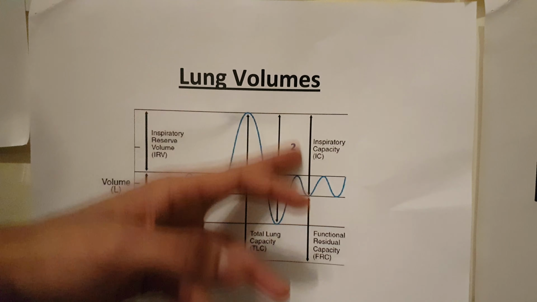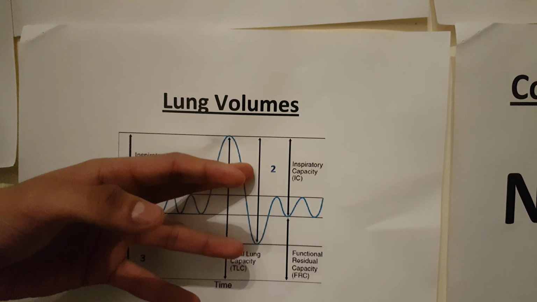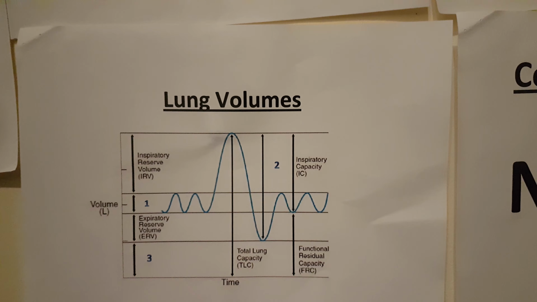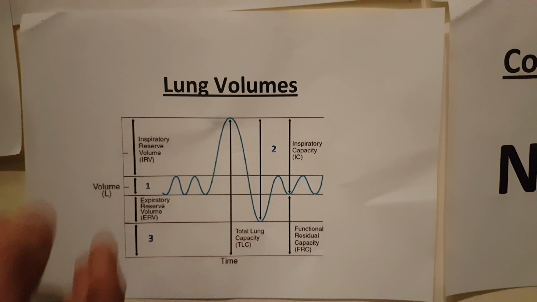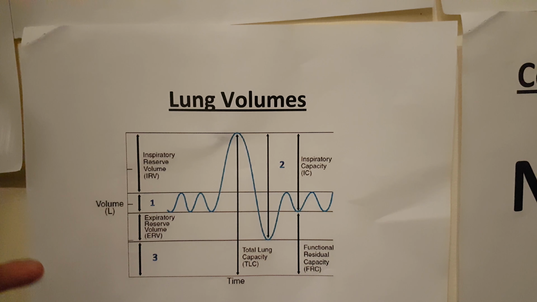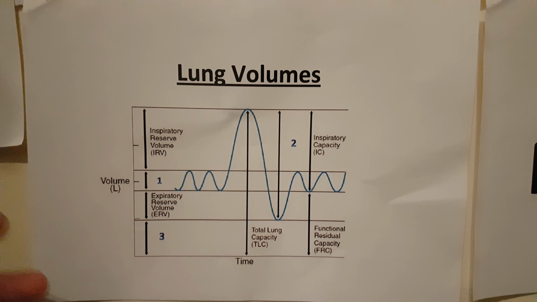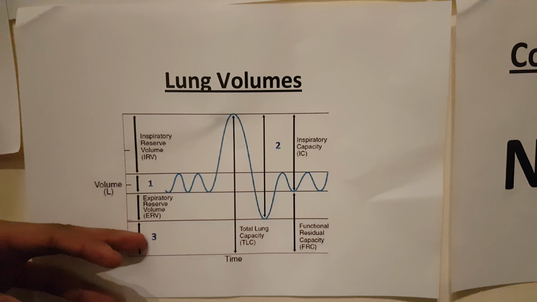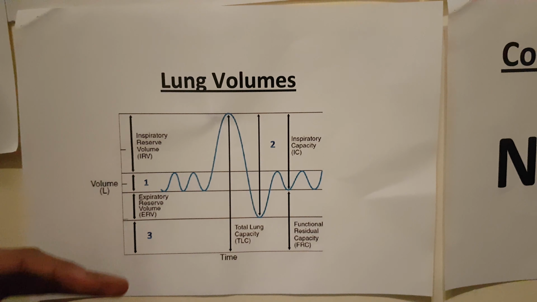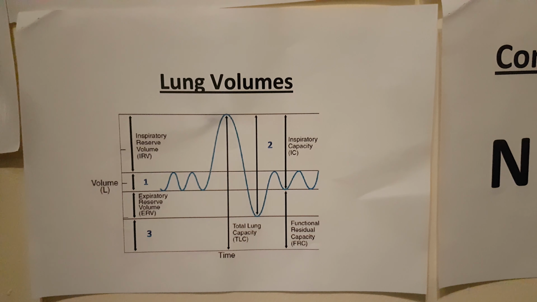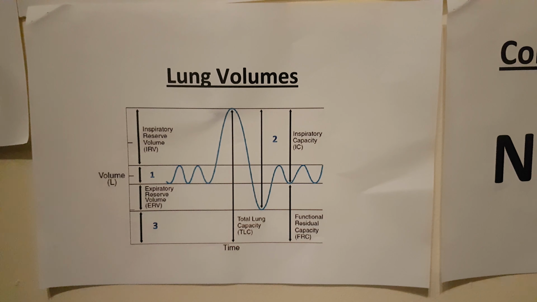Number two is the vital capacity, and the vital capacity is the amount of air we forcibly breathe out after each maximum inhalation. And number three is the residual volume, which is the amount of air left in our lungs after each exhalation. And this last bit of air left in our lungs is important because it allows the lungs to maintain their shape and stops them from collapsing in on themselves.